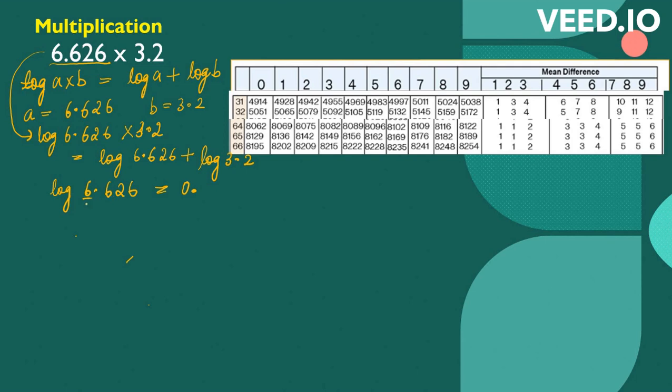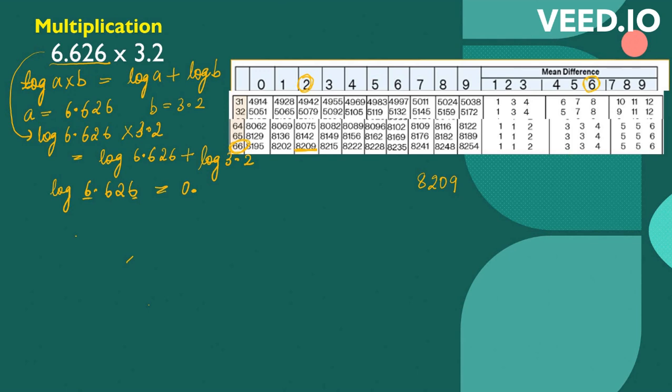In row 1 you have to take 66, and in the column the third digit is 2, so you take that. What's the value that you obtain here? It is 8209. Now we have one more digit, the fourth digit, which you have to look up in the mean difference. That digit is 6.